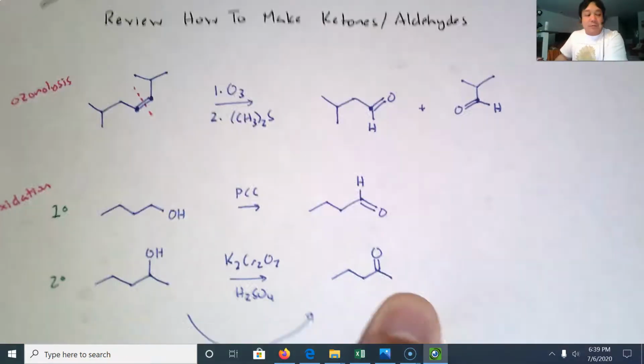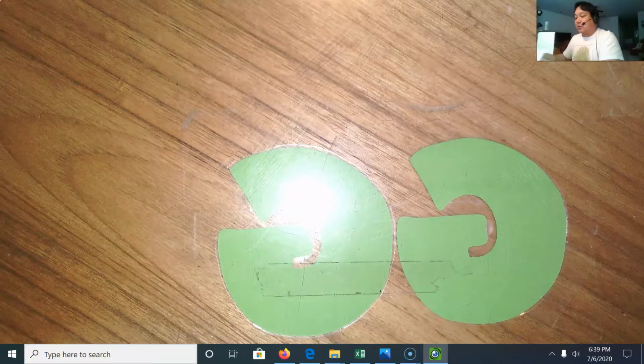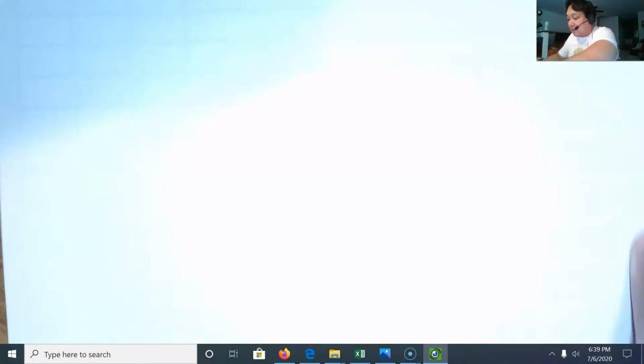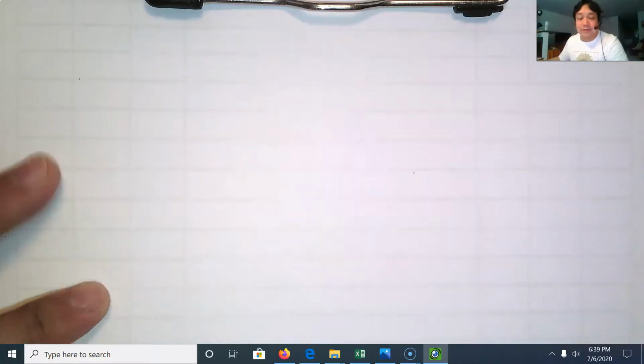There actually is one more from organic chemistry 1 to make aldehydes and ketones, and it's a very slick way to do it. It's through a terminal alkyne. For my class, anything that is review is fair game for the exam, even if it's organic 1.